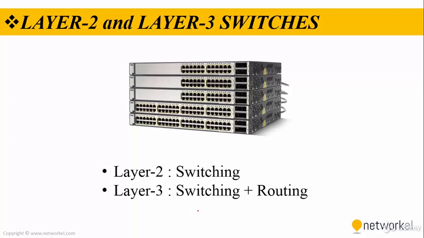Layer 2 switches send packets based on the destination MAC addresses in the frame. When switching is done in store and forward mode, the frame is checked for errors and passed on. Some models of the switches, such as most Nexus switches, prefer to read only layer 2 information and forward the frame skipping CRC checking.